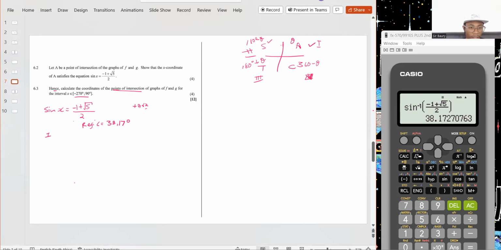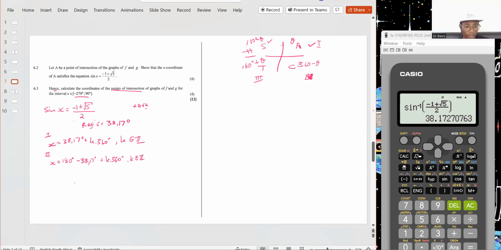Looking at the first quadrant, x is going to be equal to 38.17 degrees plus k multiplied by 360 degrees, where k is an element of the integers. Then the second quadrant: x is going to be equal to 180 degrees minus the reference angle, 38.17 degrees, plus k times 360 degrees, k an element of integers.